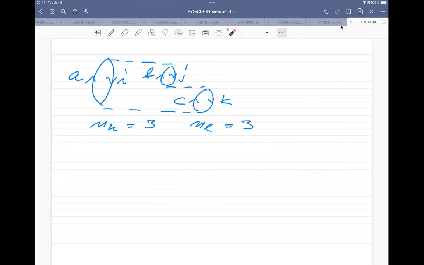So they have to end at the same interaction vertex. So in this case, the number of equivalent pairs is equal to 0. So there are no equivalent pairs.